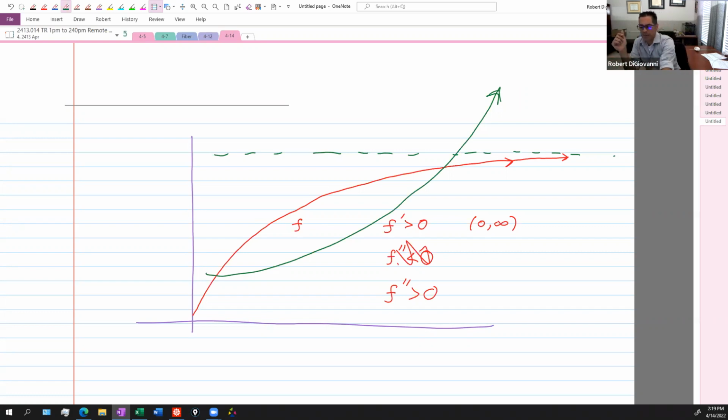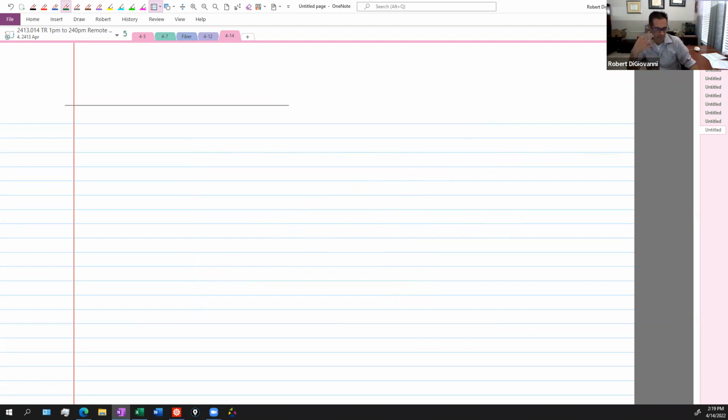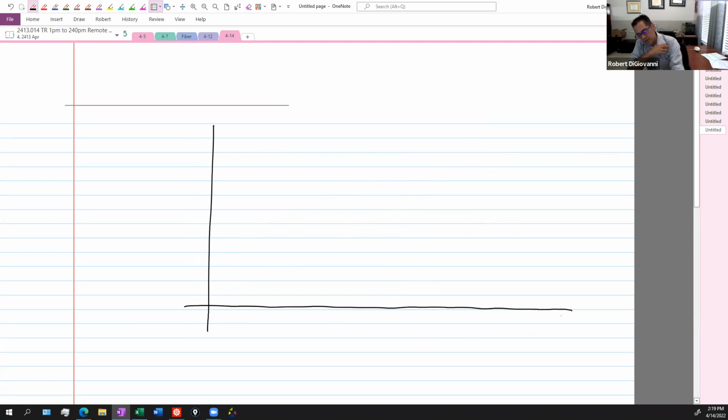Let me give you another example. This is not a real world like me example, but this is a real world example. I'm going to show you an example of a graph where, let's say this is time, and let's measure it in months. So this is January of 2022, and this is February of 2022, whatever.